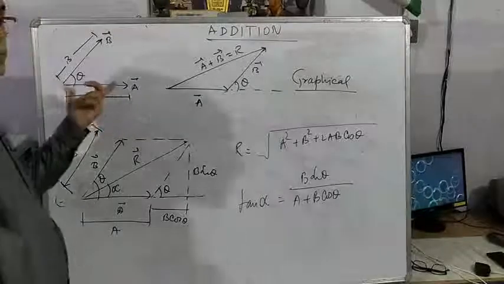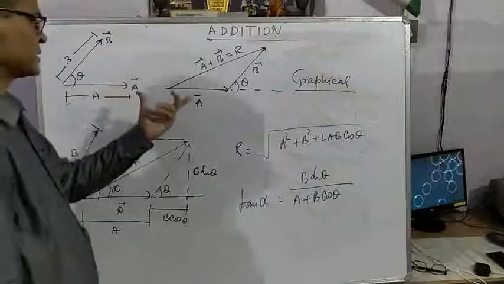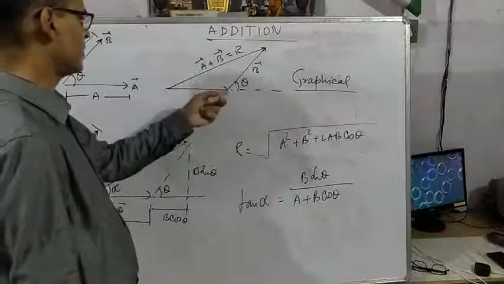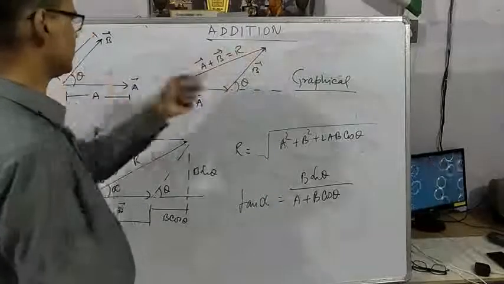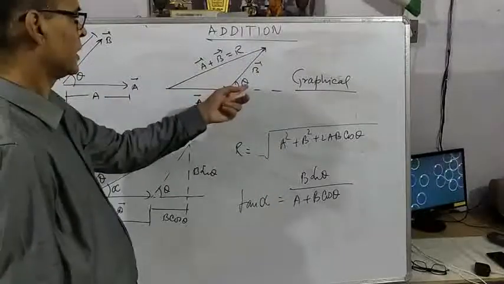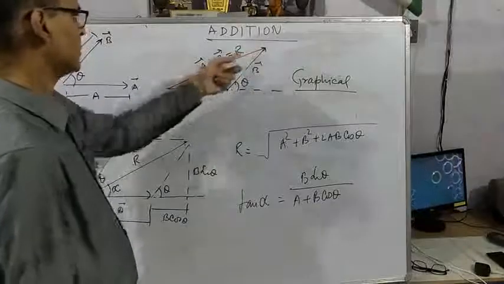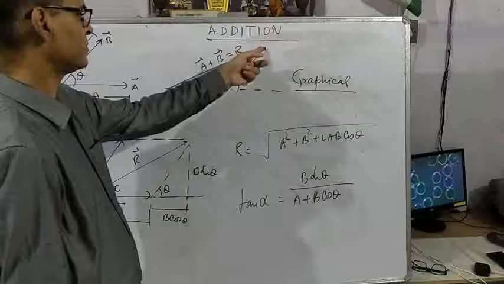You have to assume suitable scale to represent A and B. According to that scale, you draw vector A and from the head of vector A, you draw vector B in given direction. Now you join this line, means tail of first vector and head of second vector.